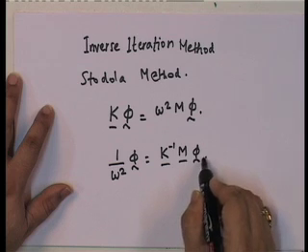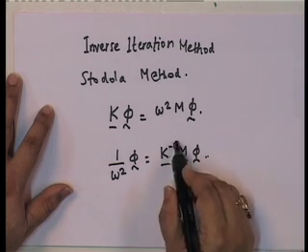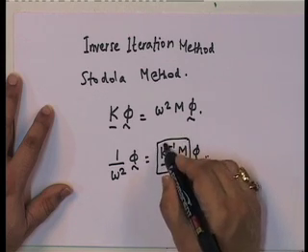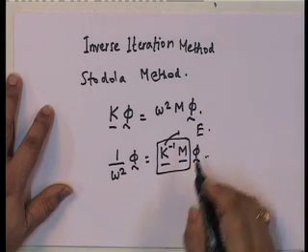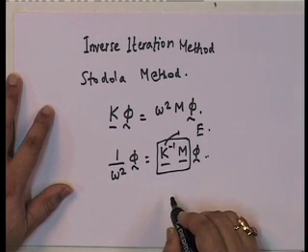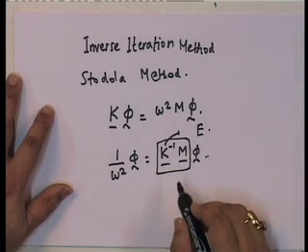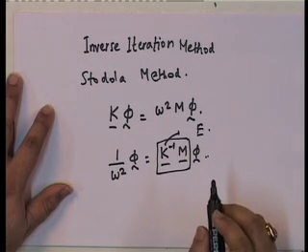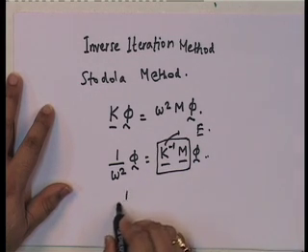Okay. And K inverse is actually the flexibility matrix. So, it is not as if you are doing K inverse, you can actually find out the flexibility matrix directly. You do not have to do K inverse.